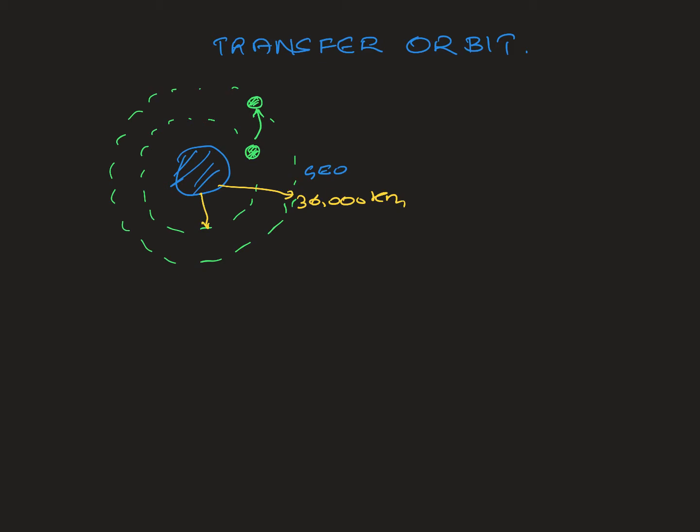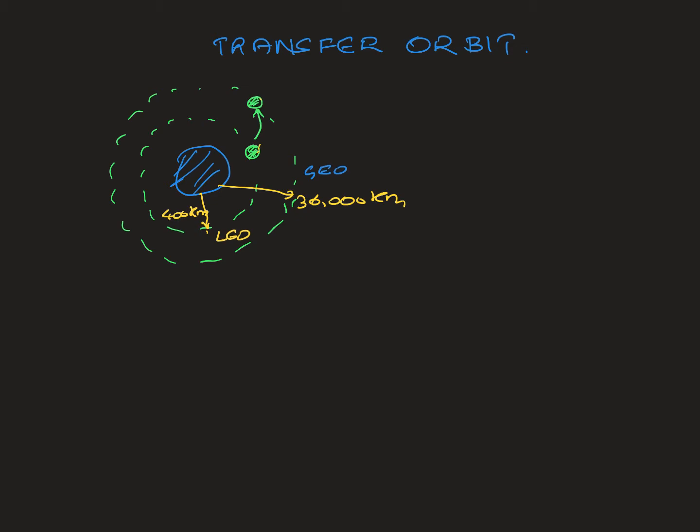Low Earth orbit satellites would be something like 400 kilometer altitude. So we launch the satellite to a low orbit, and then we do a transfer to the GEO orbit. So it's quite a big distance. So that's one of the reasons we do transfer.